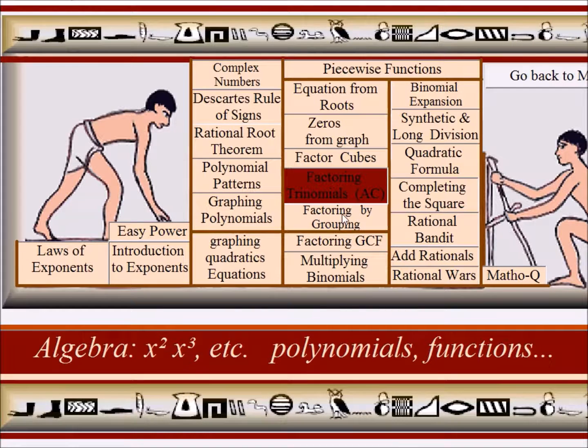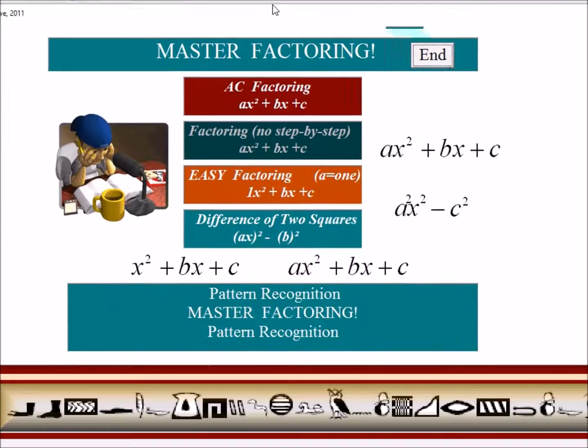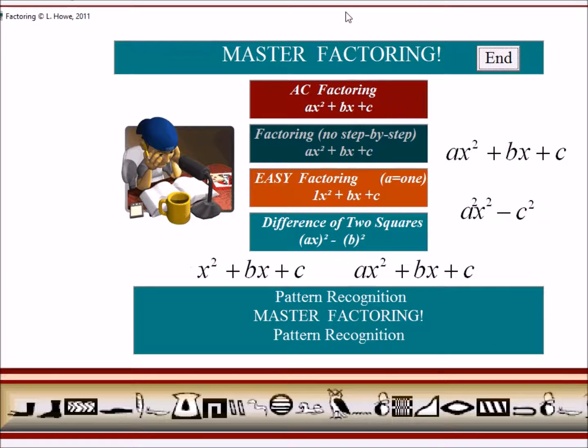We're looking at the Howe-Two program Factoring Trinomials. It has a lot of submenus, so I'm going to pull it up here. There are some methods that are compulsory in some schools.